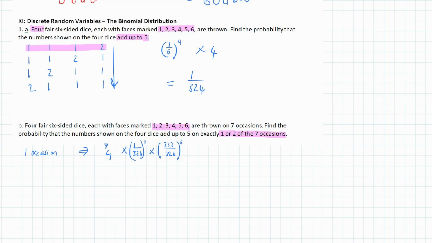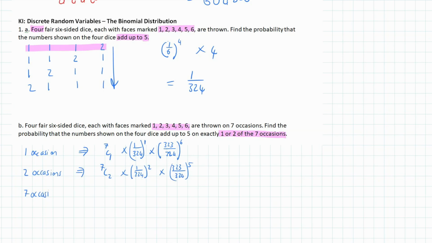Okay. And what about on 2 occasions? Obviously this will be 7 choose 2, and we want 2 successes. So now it'll be 1 over 324 to the power of 2. And we're going to multiply it by the failures. How many times will we have a failure? Should be 5. Okay, and then 7 occasions.